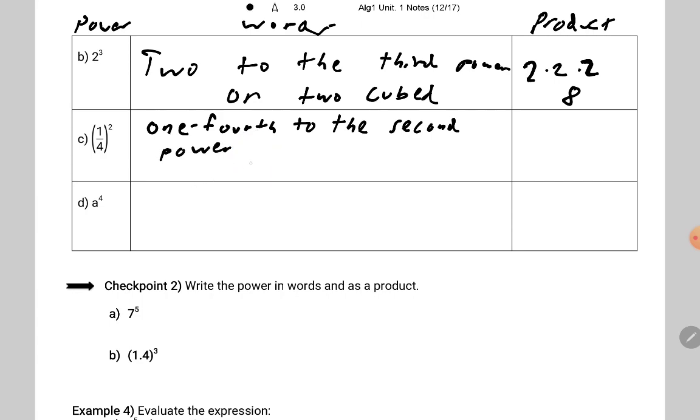Or, like I was saying before, 1/4 squared. Because this number is 2, so it's squared. If this number is 3, then it's cubed.